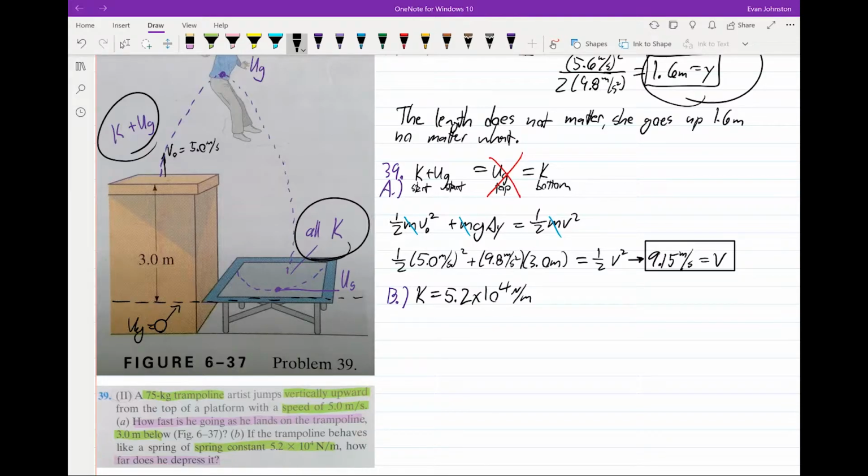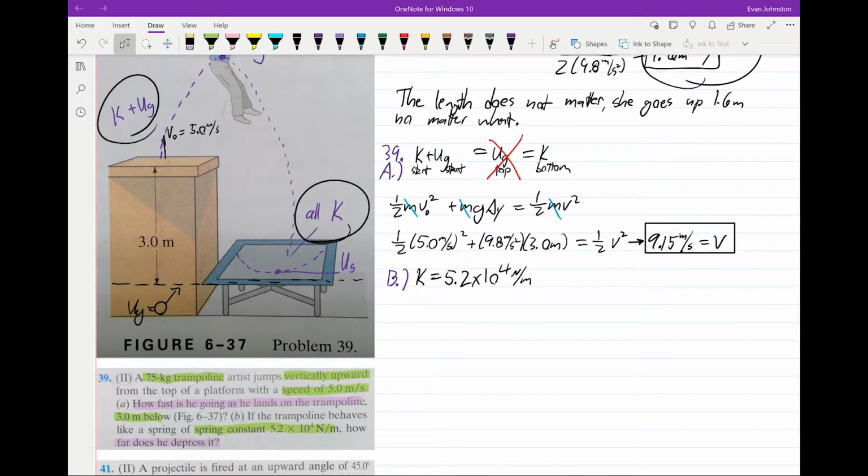And now that we really know the kinetic energy at the bottom, that energy must be the same as down here. And so what I would like to do is set these two values equal to each other. Now we could have set the spring potential energy here equal to the kinetic and potential in the beginning, but again, I would rather use fewer things and do fewer steps of math.